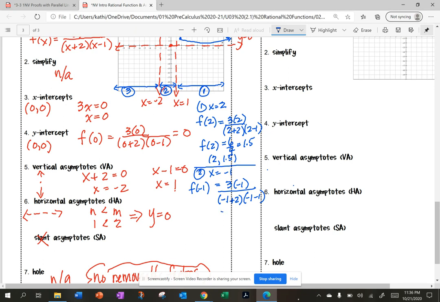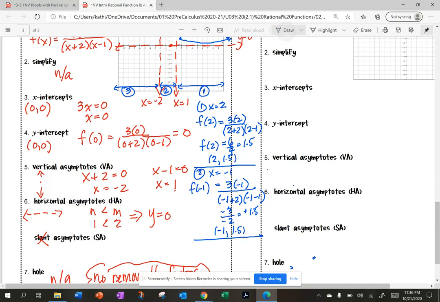And -1 plus 2 is 1, times -2. So this is over -2. Negative divided by negative is positive, so this is positive 1.5. So my point is at -1, 1.5.